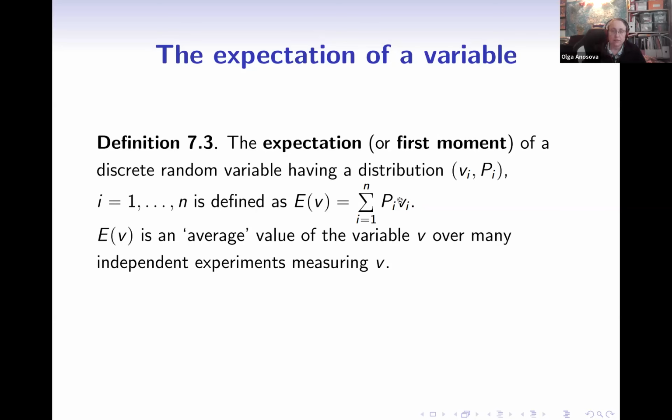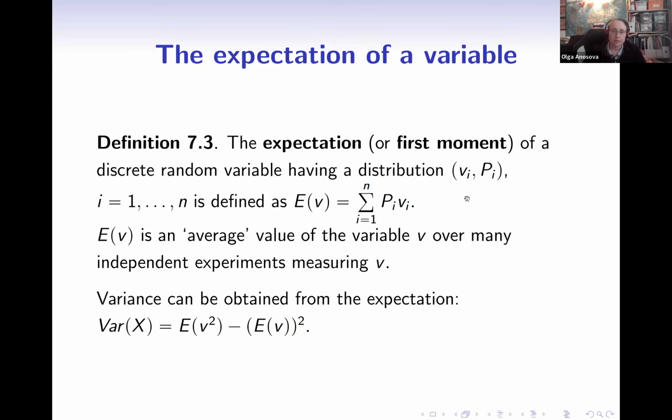And as such, we can see the expectation as some kind of a weighted average that takes probabilities as weights and then finds the weighted average of all possible values v. And from the average, we can, as always, derive the variance using this kind of formula. Well, there is another type of this formula for the variance, but I'll leave it for now.